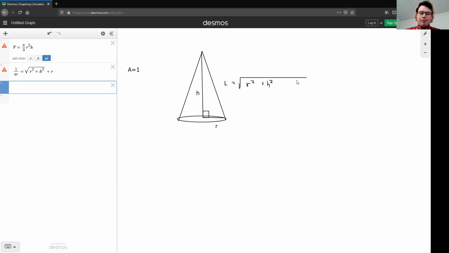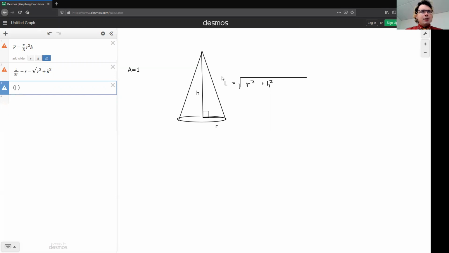Let me keep going. I can subtract an r from both sides of this equation. 1 divided by the quantity pi times r, all minus r, is equal to the square root of the quantity r squared plus h squared. Looking good. So if I need to get that h by itself, I will square both sides.